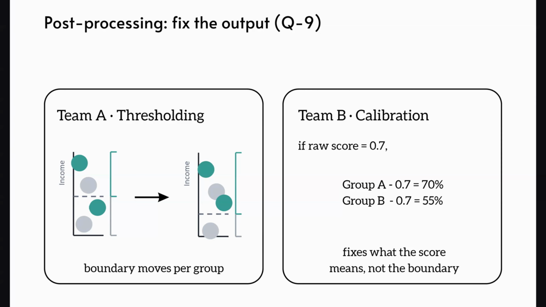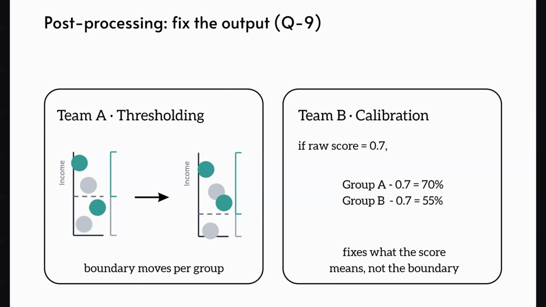Basically, you still have a common threshold. For example, a raw score of 0.7 now means something other than 70% for a particular group. For group A, the 0.7 threshold would still remain 70%, but considering B is overrepresented, we make sure that the 0.7 is calibrated as 55%, a little lesser.